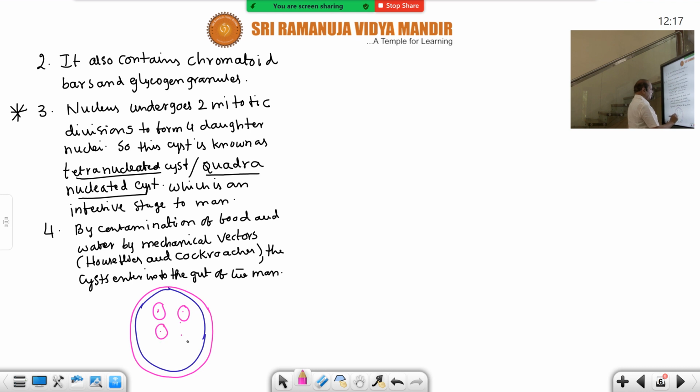These are the 4 daughter nuclei, with chromatoid bars and glycogen granules here and there. So this is the cyst. These are the nuclei. So this is the cystic stage. This diagram completes the description of the cystic stage. So by contamination they enter into our human gut.